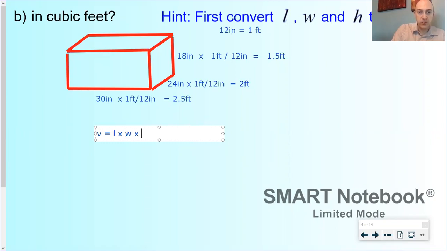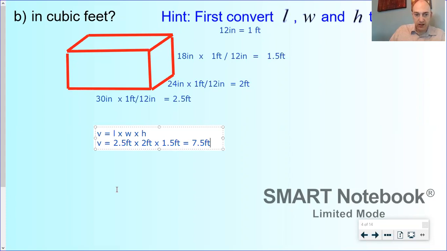We're going to have, length is 2.5 feet, times our width, which was 2 feet, times our height, which was 1.5 feet. And we're going to get an answer of 7.5 feet.